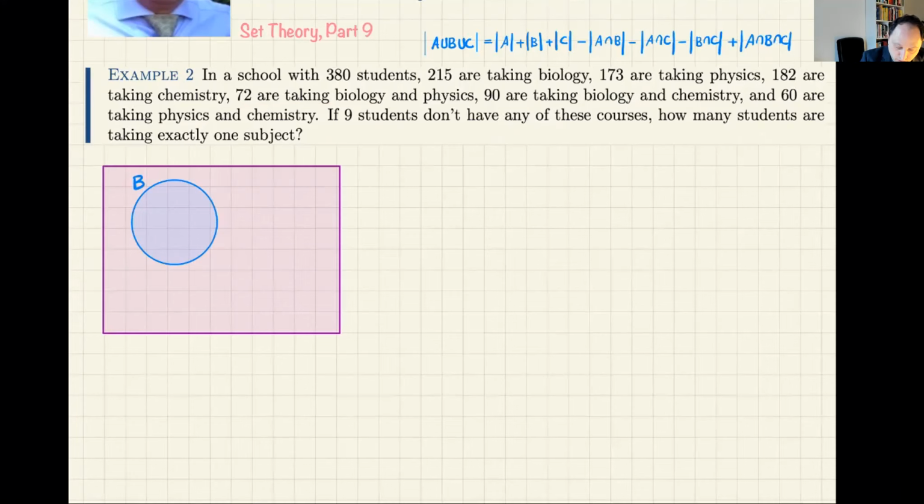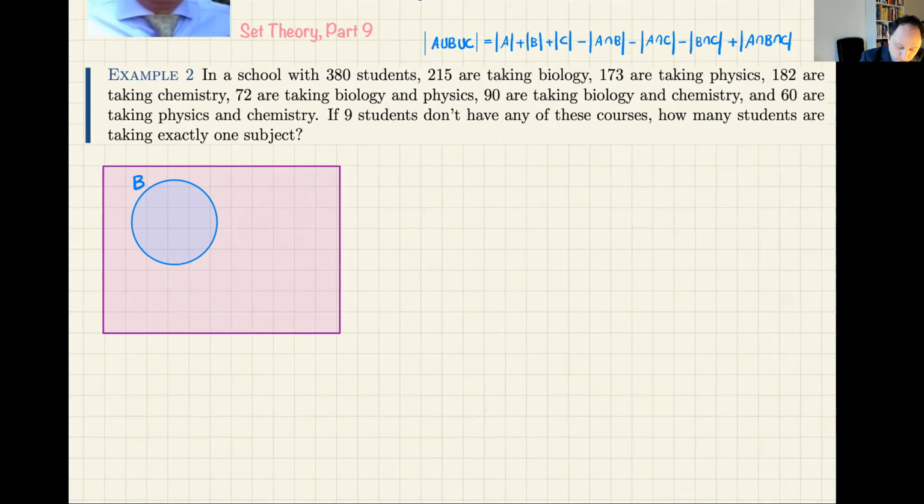But if I want to draw a circle to represent physics, because I know that physics and biology have some intersection, I don't draw it here. Because if I draw it in this way and call it physics, then I am telling you that there is nothing in common. There are no students taking physics and biology, which is of course not true because there are many students taking physics and biology simultaneously.